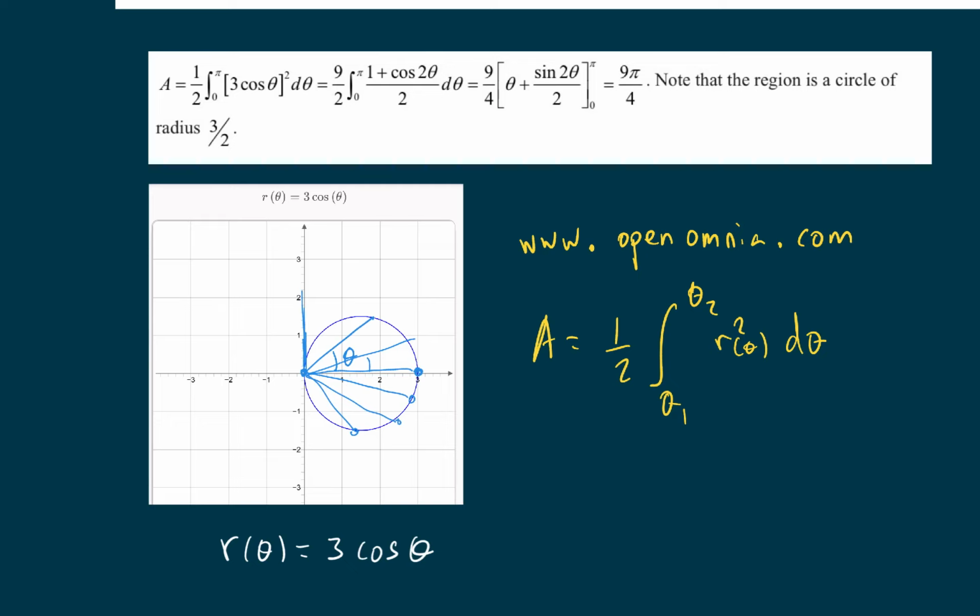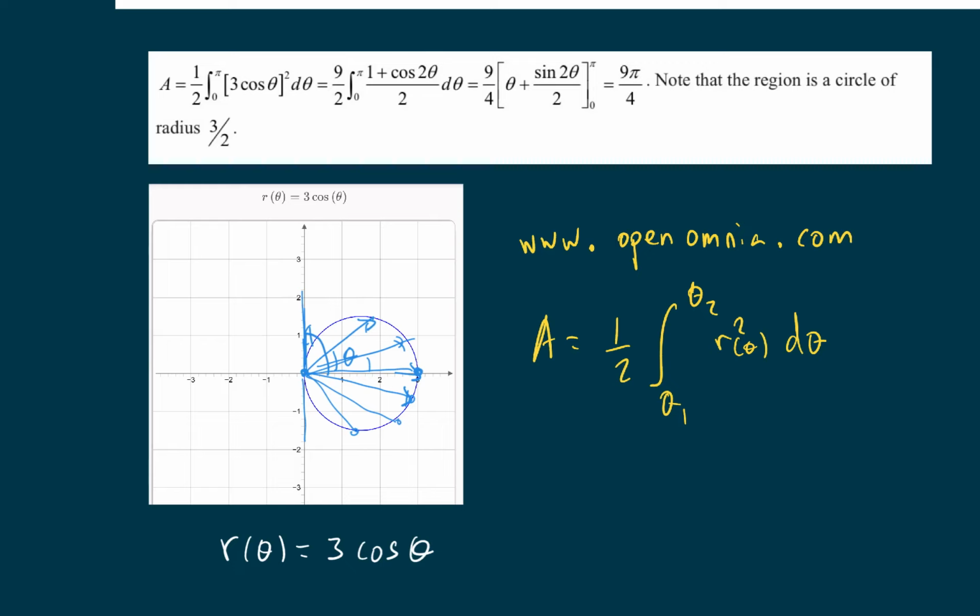It seems to me that the angle starts at pi divided by 2 and ends at 3 pi divided by 2. When you go through the cardioid, starting at r equals 0, the angle varies from theta equals pi divided by 2 to theta equals minus pi divided by 2.